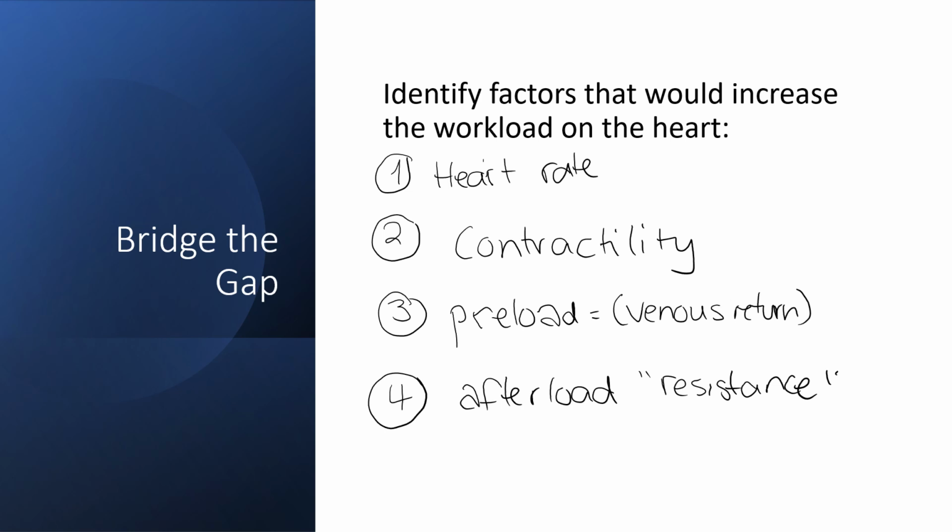One of those things we've identified is if the arteries are vasoconstricted in the body, giving too much resistance to that left ventricle. The higher the afterload, the more energy that left ventricle would have to exert in order to eject its volume. The more resistance it's faced with and the harder it has to work, the more oxygen it's going to demand. So these are some key factors that will increase myocardial workload.